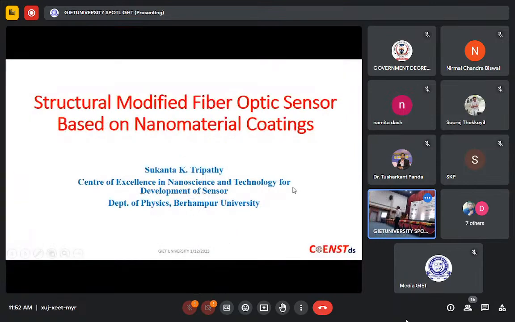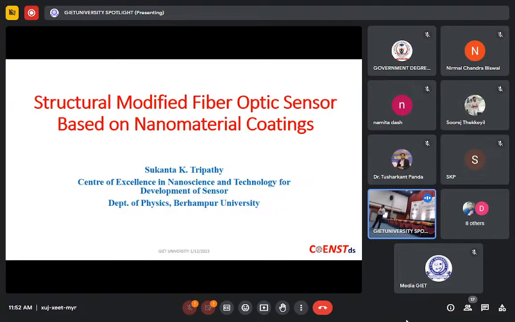As you can see, the title of my talk is Structural Modified Fiber Optic Sensor based on nanomaterial coatings. If you see the title, it consists of 3 parts, right? The first part is the fiber optic sensor. The second part is the structural modification, and the third part is the nanomaterial coating.